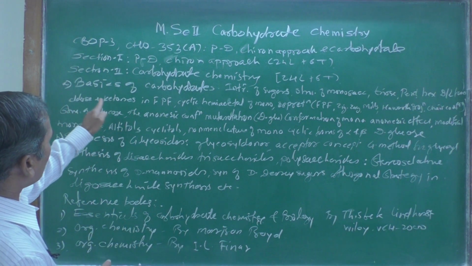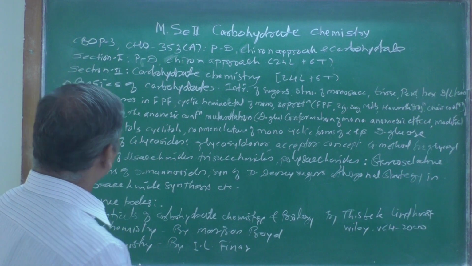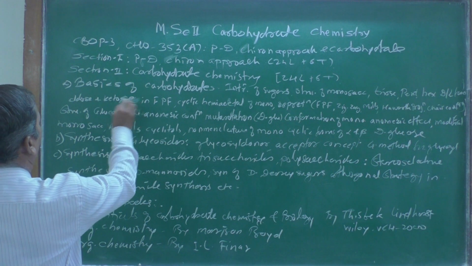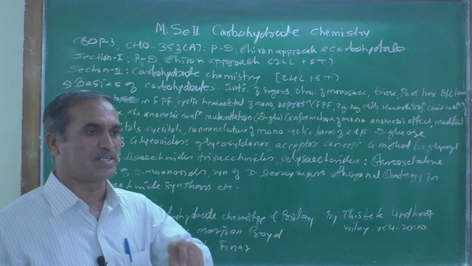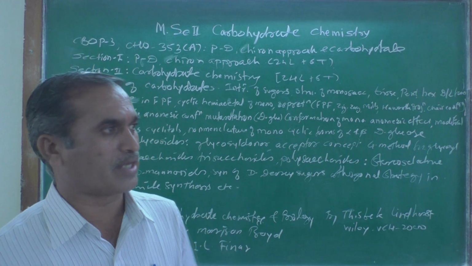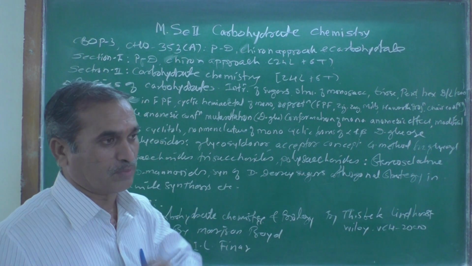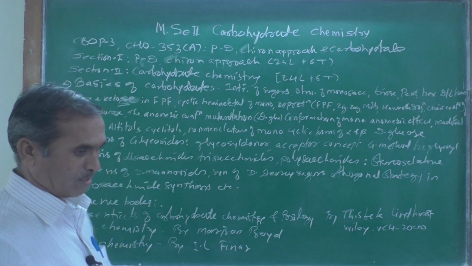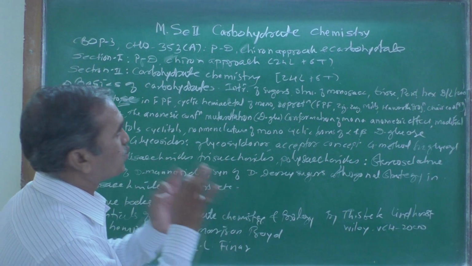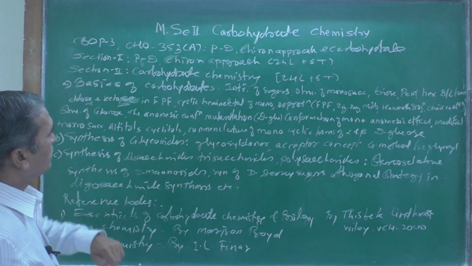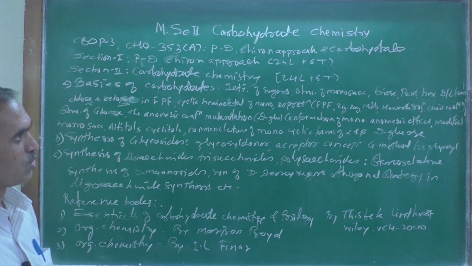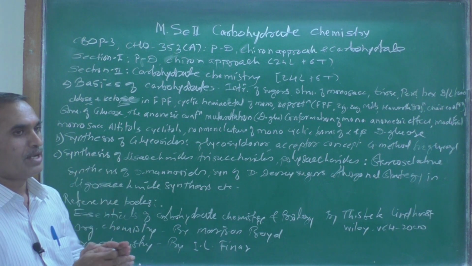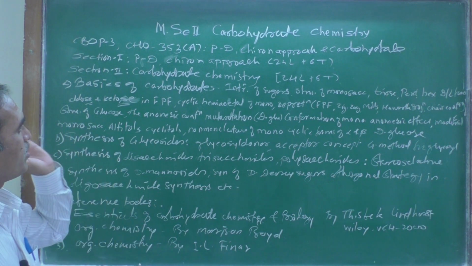And aldose and ketose, not ketone here, ketose. Aldose indicates that an aldehyde is contained in that sugar unit, and ketose that a ketonic group is present in that sugar unit. OSE indicates a sugar unit, remember that. And these aldoses and ketoses we are going to study by using the Fischer projection formula.